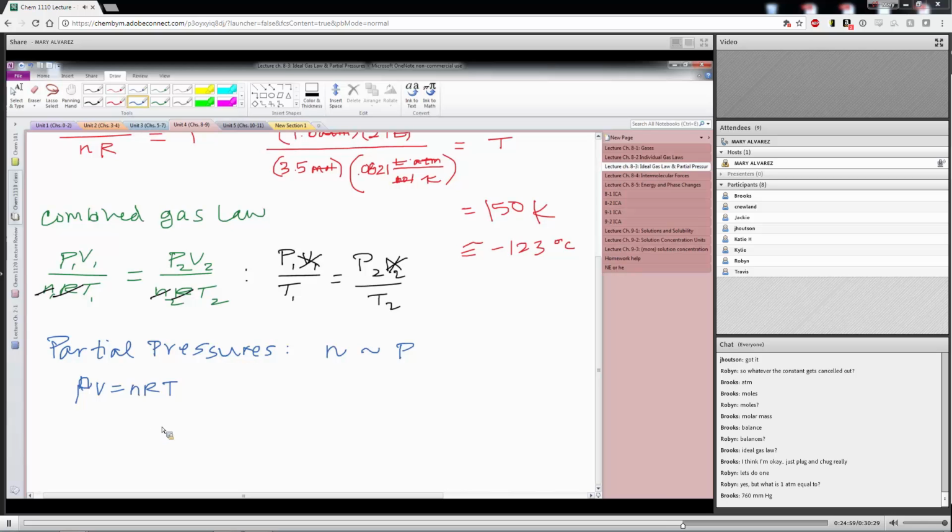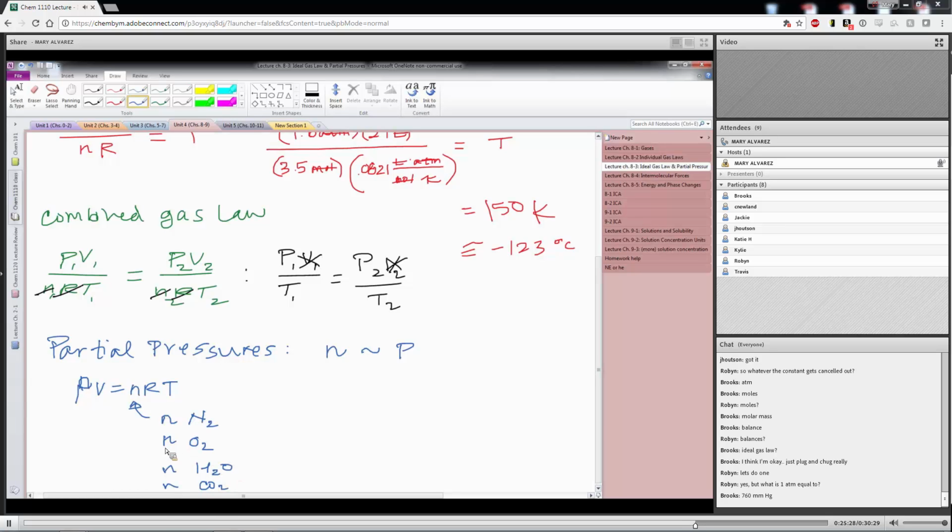I could just be looking at air and say, how many moles of gases do I have in air, and plug that in. Even though air is a mixture, we've got a certain number of moles of nitrogen molecules and a certain number of moles of oxygen molecules, about 79% and about 20%, plus moles of water vapor, moles of carbon dioxide.